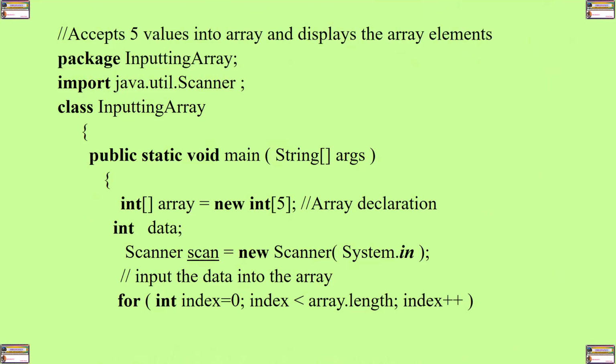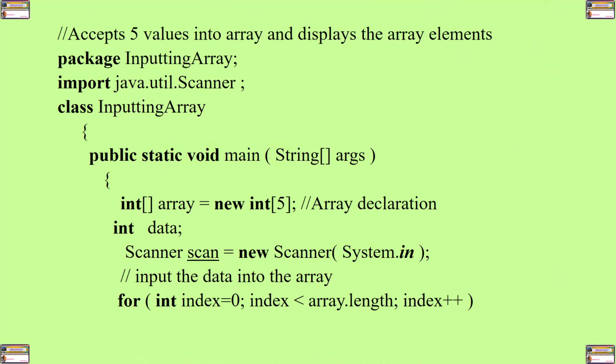Once that is done, the next statement after the semicolon tells the compiler to check whether the index is less than the number of elements in the array. So if the length is, for example, 5, and we have index 0, this statement will tell the compiler to check whether 0 is less than 5.